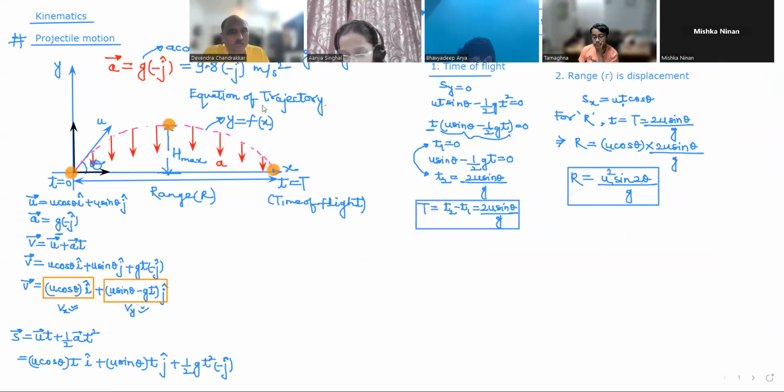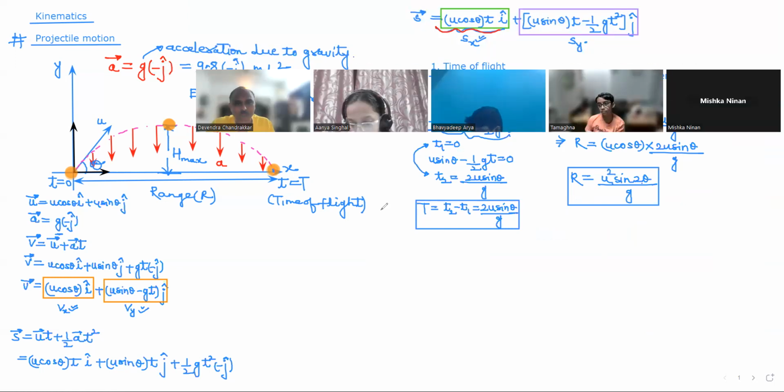So now we are aware that the third thing is H max, right? H max. So it's for maximum height.